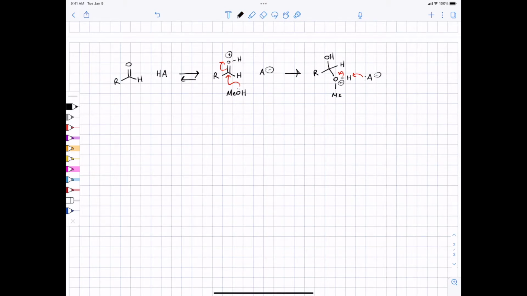You end up with the hemiacetal intermediate, which isn't stable. HA protonates the OH group.